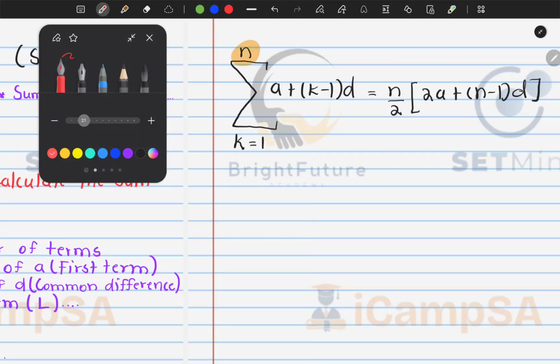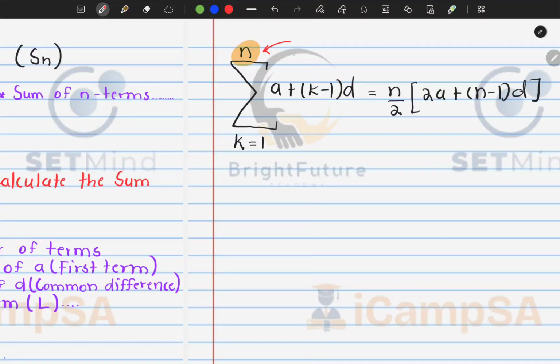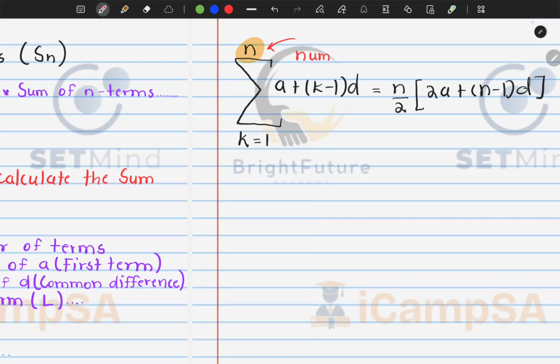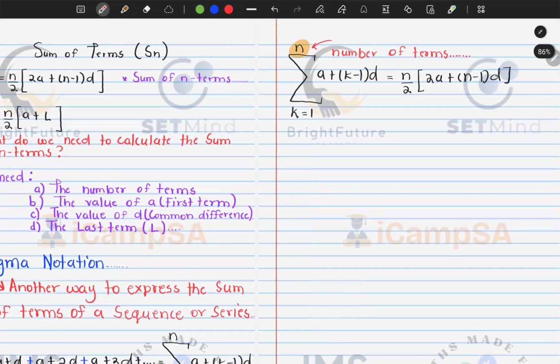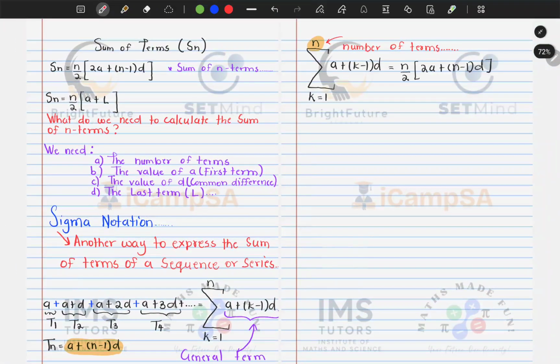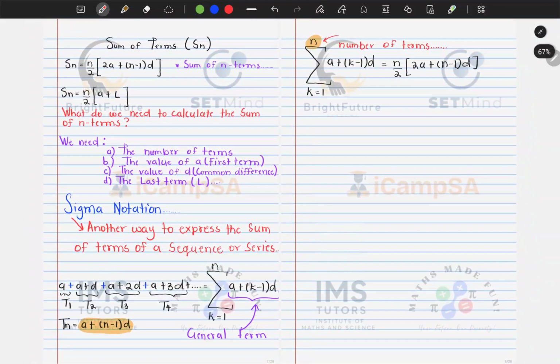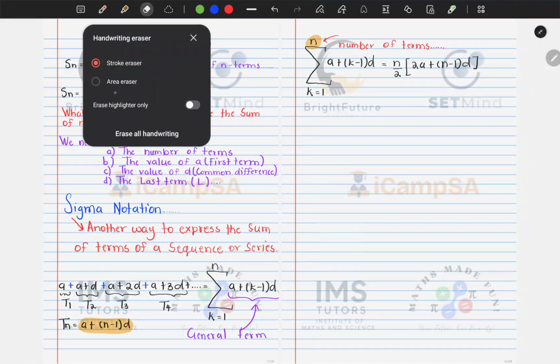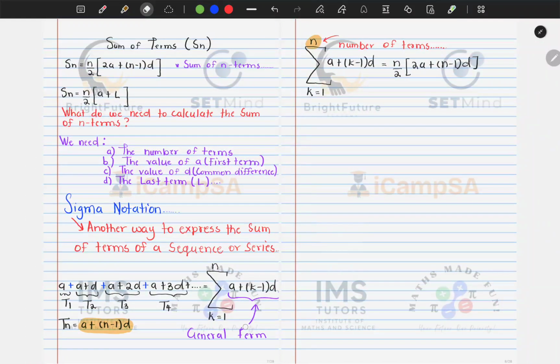What is here at the top tells us about the number of terms. So with these fundamentals, you should be able to now go and start dealing with questions. Okay, so we'll quickly go now and have a look at our first question and see if we really understand what we have been taught so far.